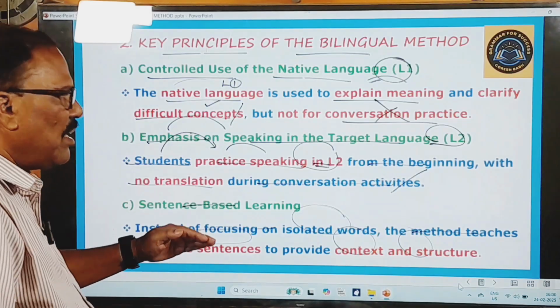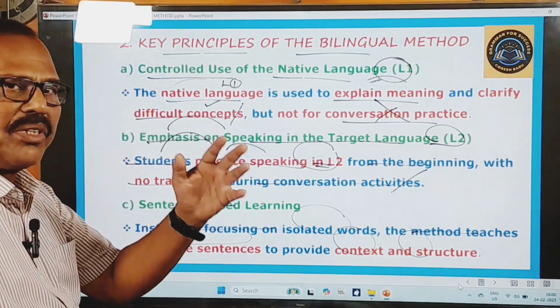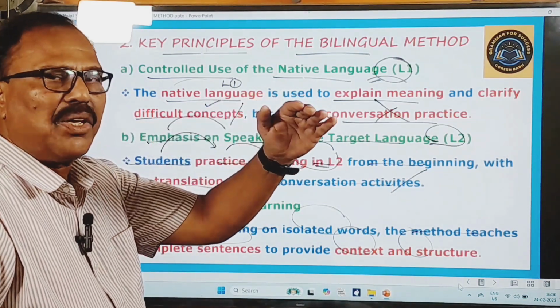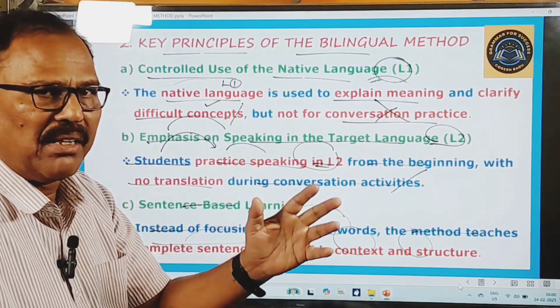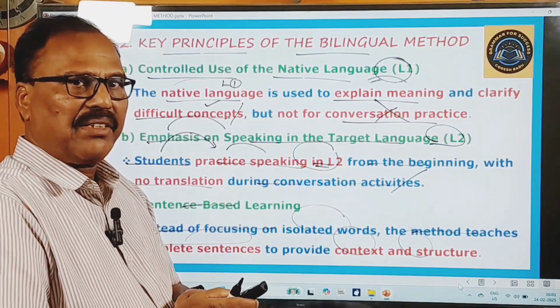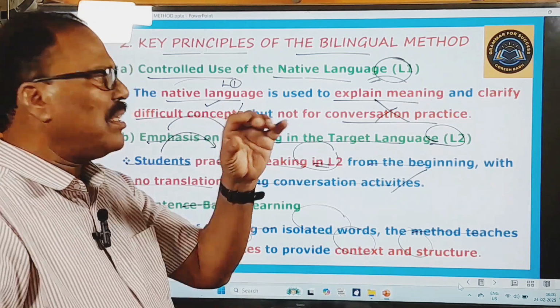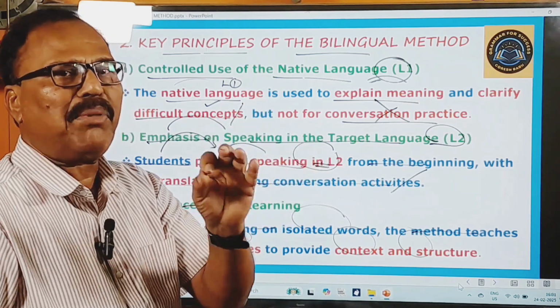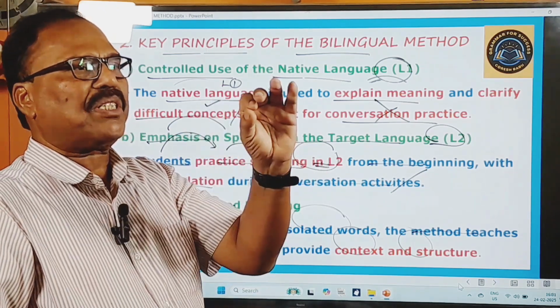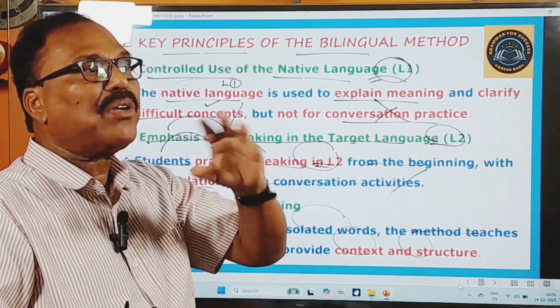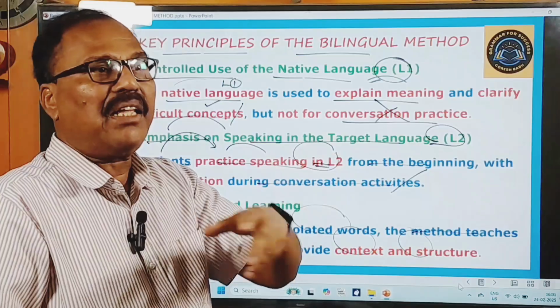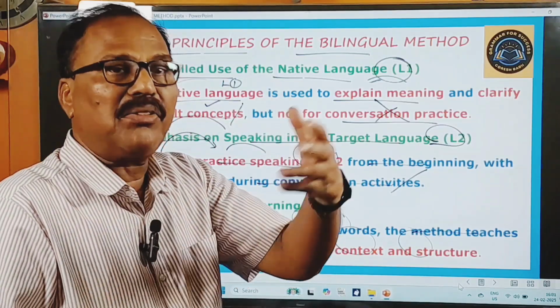So in this method, the teachers teach the students complete sentences using the words in the context. Okay, precious is there. In the earlier videos I have taken this example. So in this method, what happens now, they don't simply give you the meaning of the word precious. Precious means valuable, that much only they don't say, but they make use of that word in the sentences, and they will explain the sentences to the students.